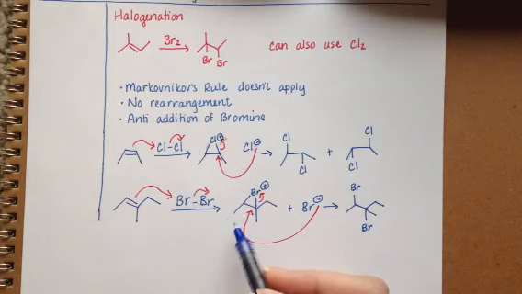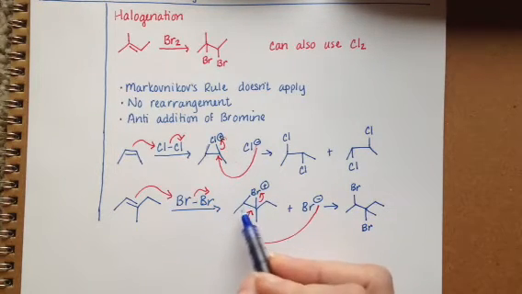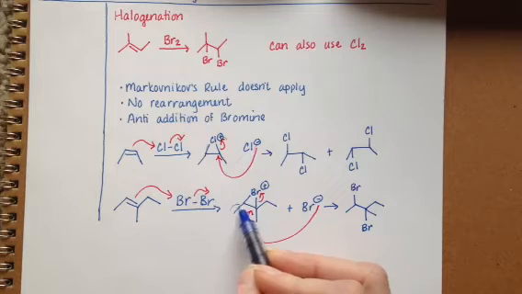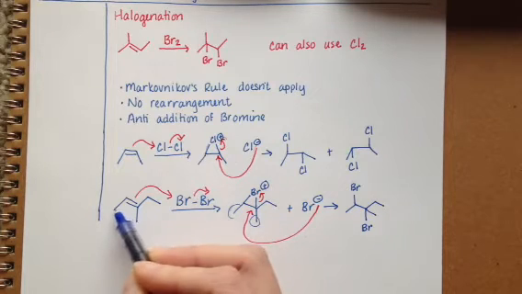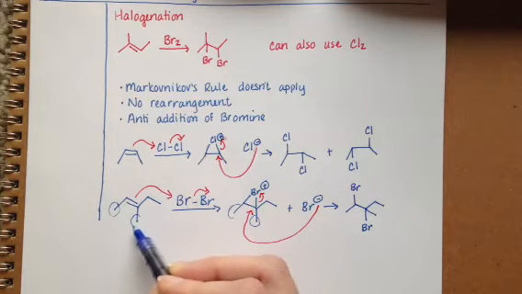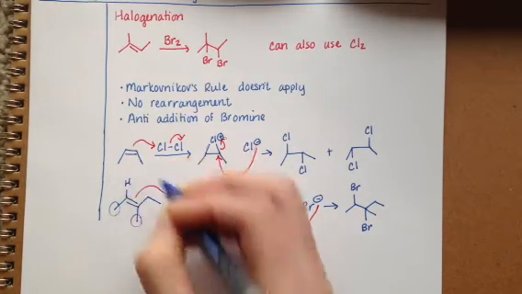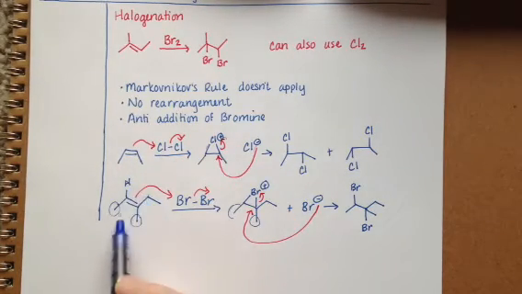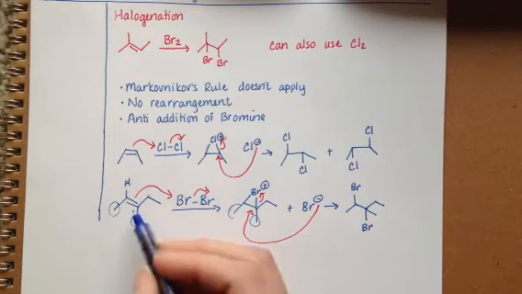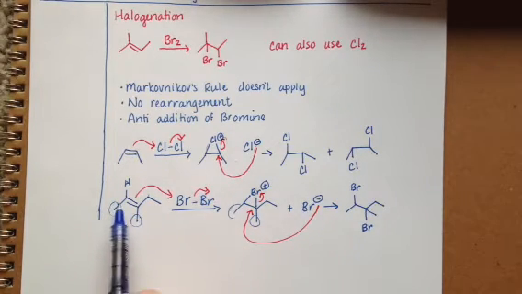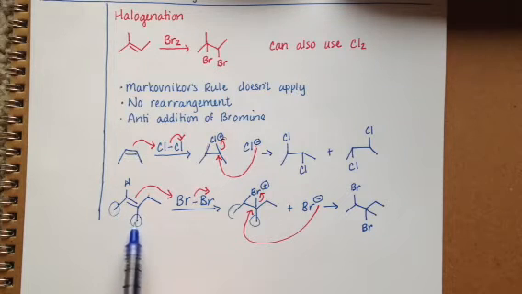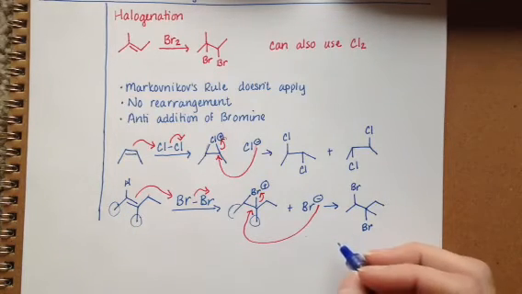So again, just like we saw with the halogenation, what we're going to do is pick two substituents that are on the same side of the original alkene. Like let's pick these two substituents over here. We could also choose to pick the hydrogen and the ethyl group if we wanted, but I'll just choose to pick the two methyl groups. And in order to communicate the anti-addition, we're going to make them end up anti to each other in the final product.